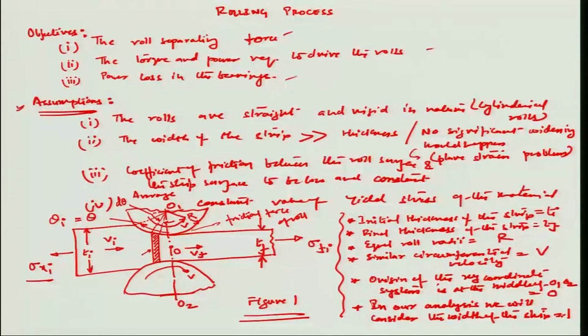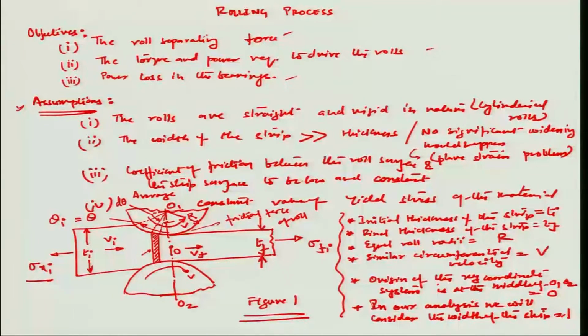Why we do that is that obviously we don't have any influence in the direction outside the page, because it is a plane strain case, and therefore we can report per unit width whatever we are doing on this so-called XZ plane.